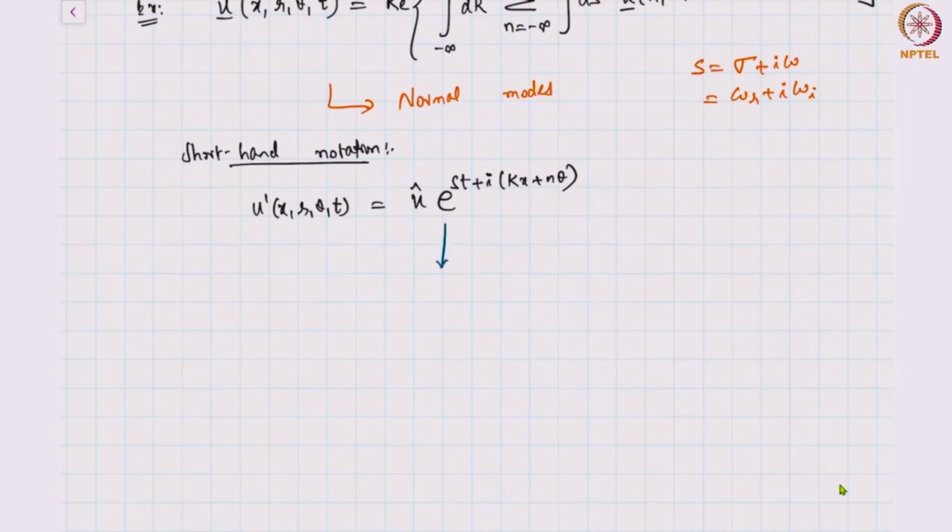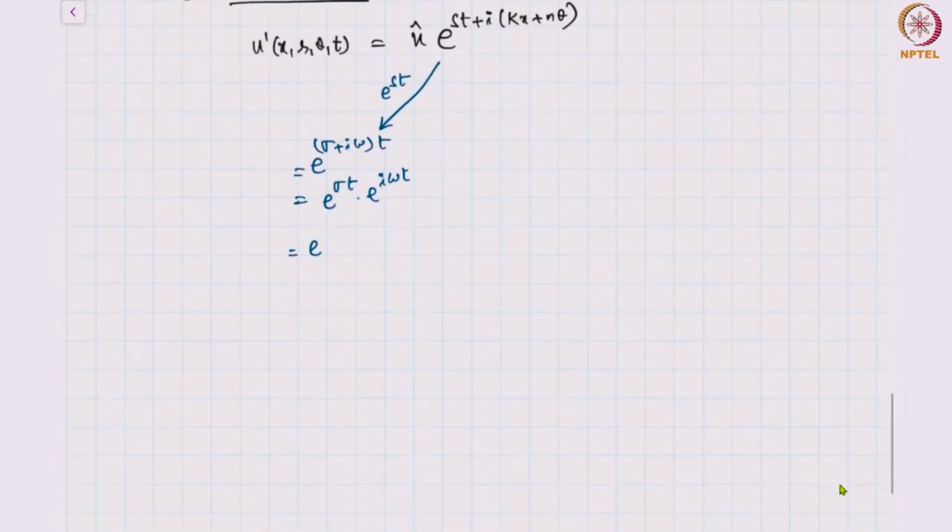We have e power st, which essentially becomes e power sigma plus I omega of t, which is e power sigma t times e power I omega t. So I have e power sigma t, and I have cos omega t plus I sine omega t. You can clearly see this part is always bounded.